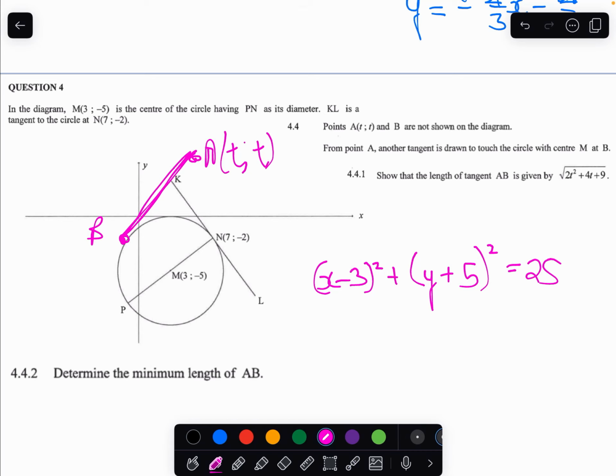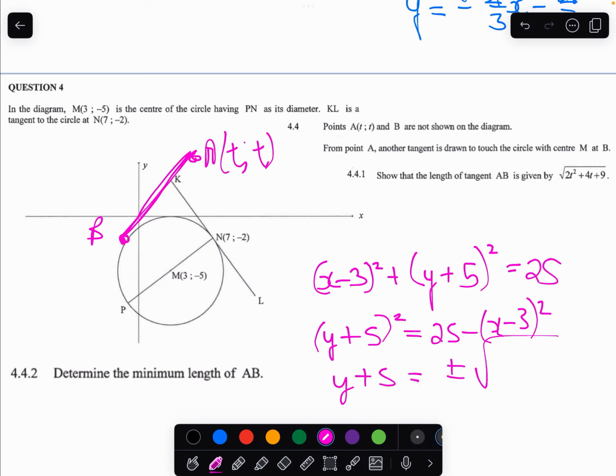What I mean by that is, if we want to get the y alone, we'll first do that. Okay, and then we'll take the square root, but it could be the positive or the negative, such is the nature of the circle.